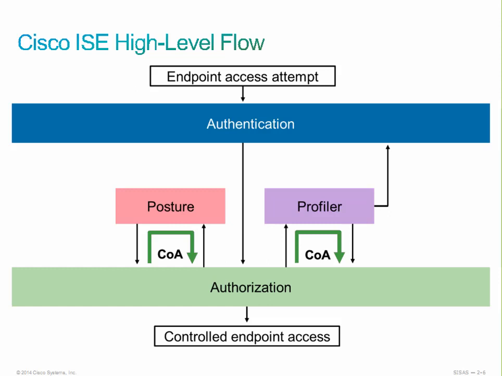First thing that we see, obviously, is that the device is going to attempt to access. And we're going to do some sort of authentication, either based on 802.1x, MAB, MAC Authentication Bypass, or web authentication. And we may choose to simply go right through to authorization. Once we've authenticated the device, we go through some sort of authorization process.